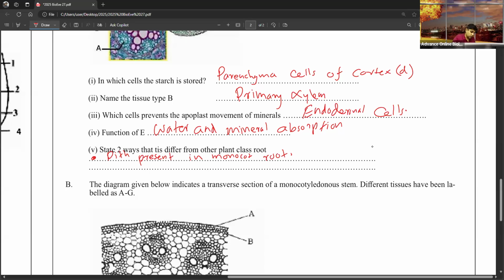Second one, you can take that the pericycle is meristematic. That means it can divide. I think that's enough. Two points they ask.